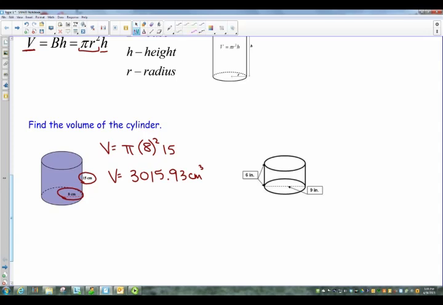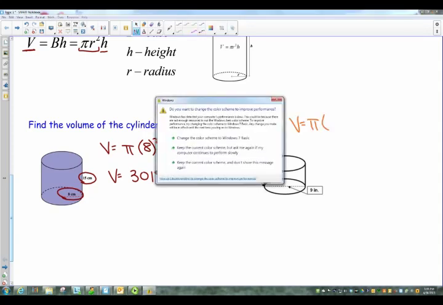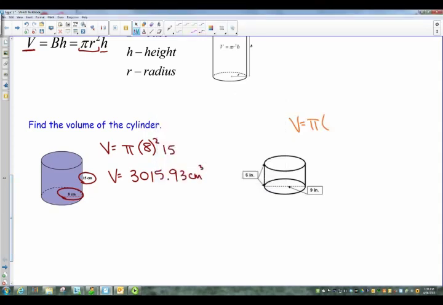Alright, so hopefully you guys had some time to work this one out. So for this one, we've got volume equals pi r squared h. So you've got pi. Now the r is where we had that question. The r is half of the diameter. So if our diameter is 9, half of that's 4.5.